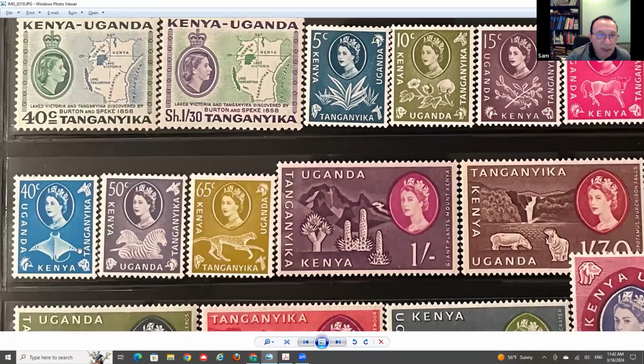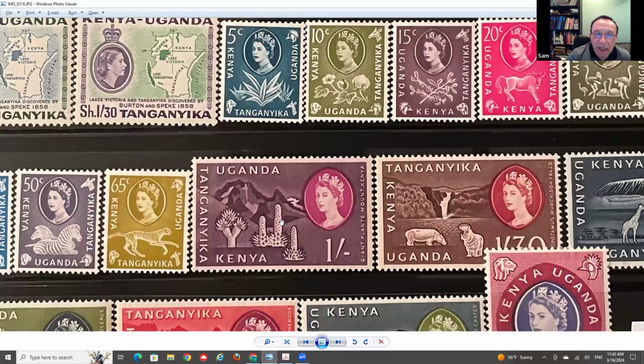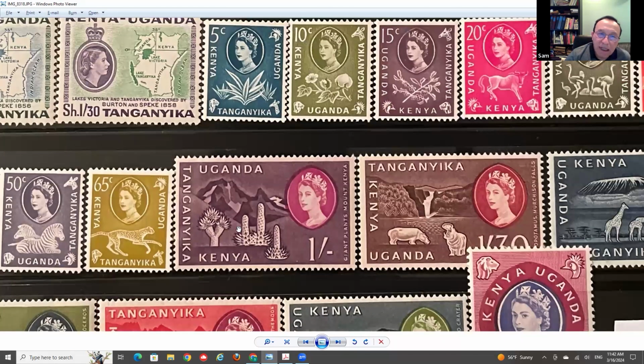Now continue. This is a manta ray. Same thing, it keeps switching from Uganda to Kenya. You've got zebras, cheetah. Now, these are giant plants in Mount Kenya. We mentioned before, Mount Kenya is the second tallest mountain in Africa.